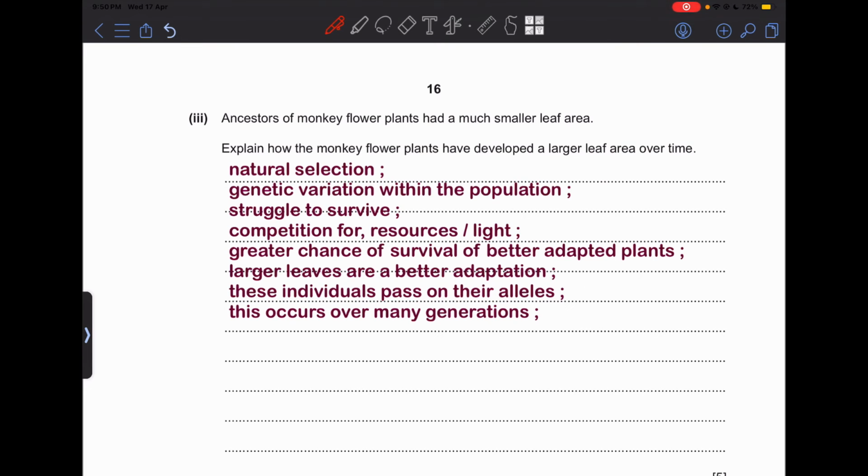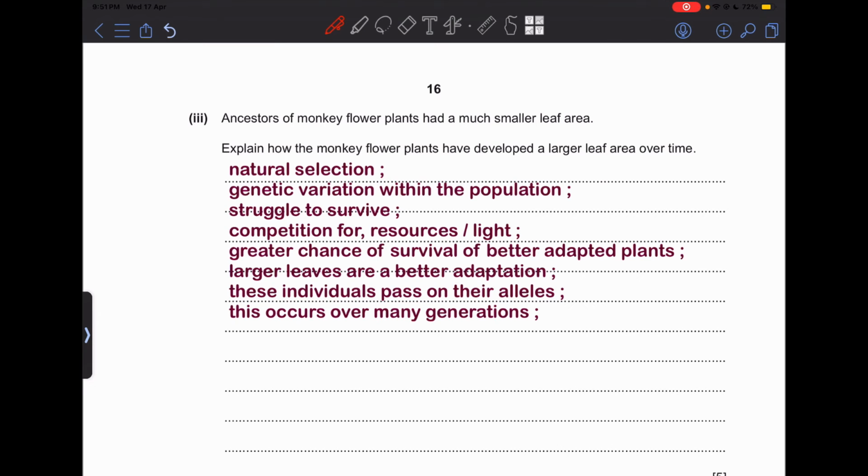Genetic variation within the population, struggle to survive. Natural selection first began when there was a struggle to survive. Different species were introduced in an area that made the older species of plants struggle to survive against the new ones that were much larger. So they had to change their genetic makeup so that they could reproduce and survive.